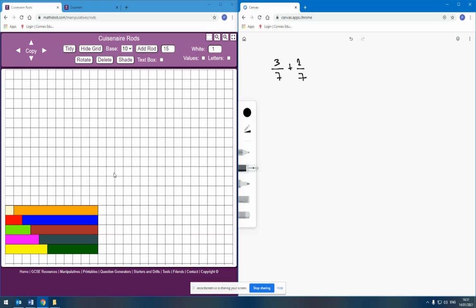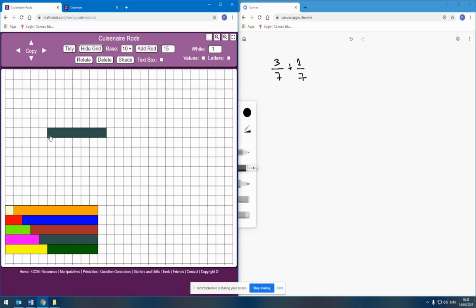And you can see over here, I've got some Cuisenaire rods out ready to be used. Normally what I might do is consider the white rod to have a length of 1 whole. And therefore the red will be 2, and the green will be 3, and the pink will be 4, and so on. However, if I want to represent any fraction in the family of sevenths, then what it would make sense to do potentially is to use the black rod as 1 whole.